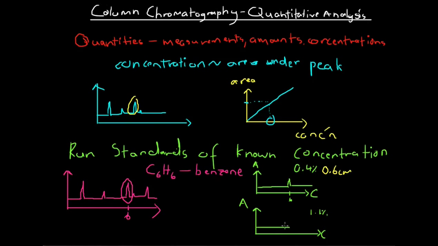So what happens here is we get a pretty big peak at 1.1%. So that is our peak when we use a 1.1% sample. And this gives us a height of 1.65 centimeters. So 1.1% produced a peak height of 1.65 centimeters.